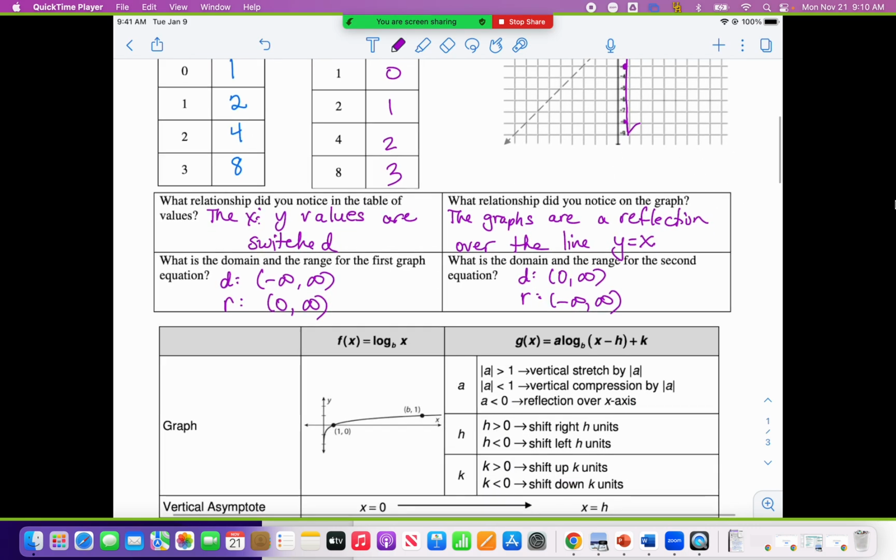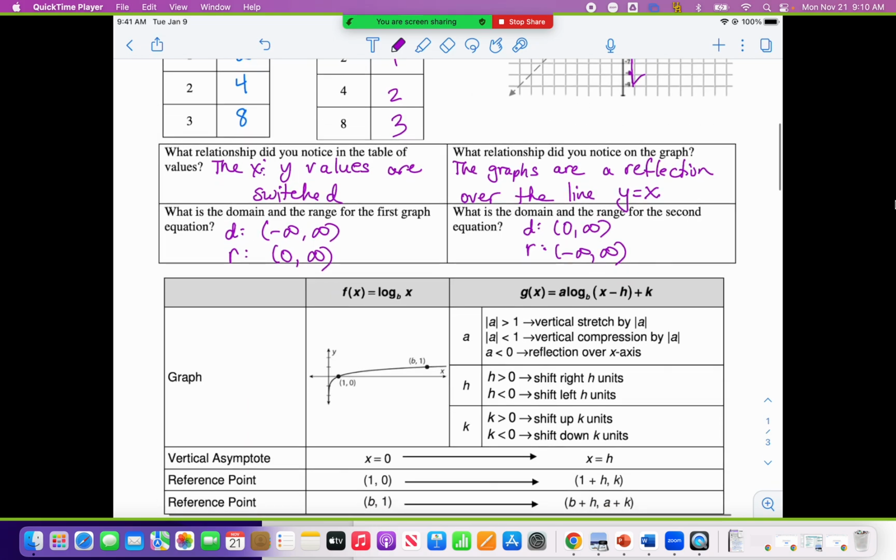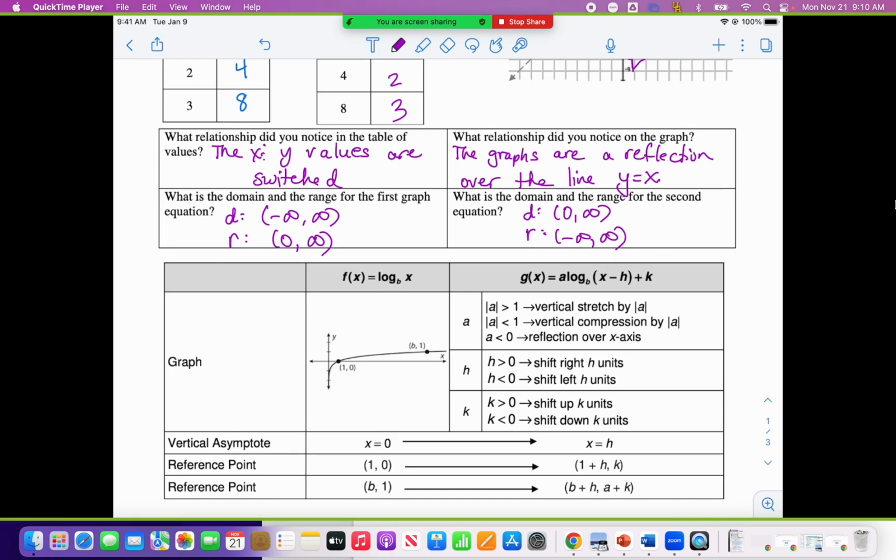All right, so remember all your left, right, up, down, stretch, shrink, and flips. It all applies to logarithmic functions. If the absolute value of a is bigger than 1, it's a vertical stretch. If the absolute value of a is less than 1, it's a shrink or compression.